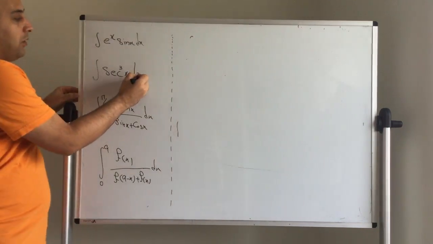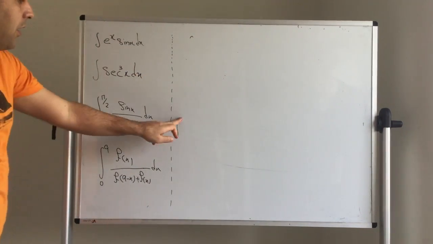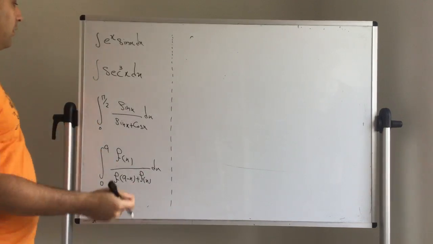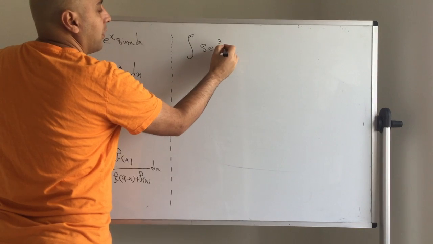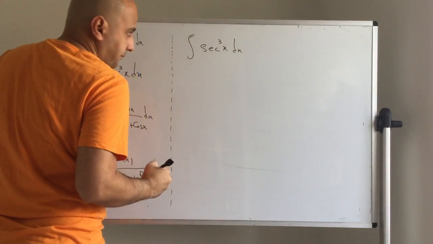For the next one the same thing also happens. You will see. Okay, integral of secant power 3x dx.